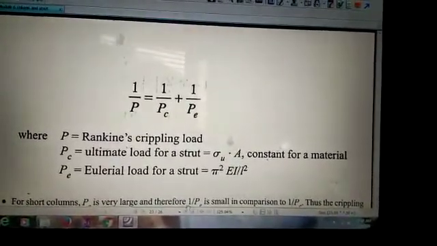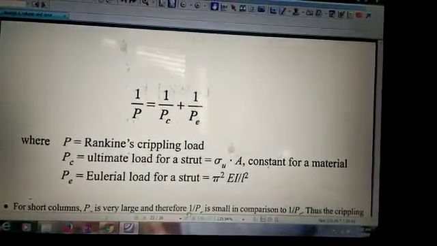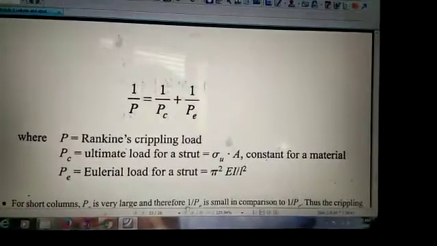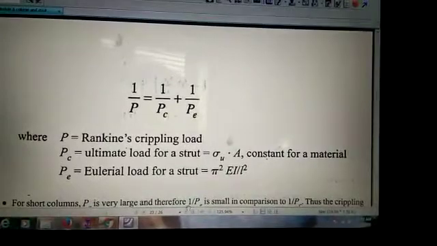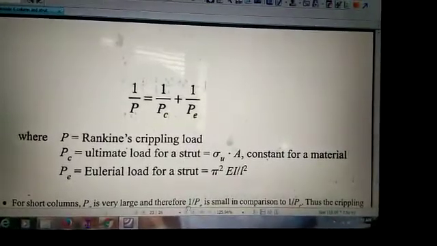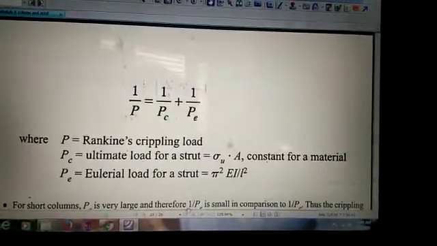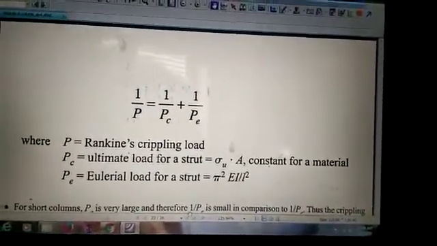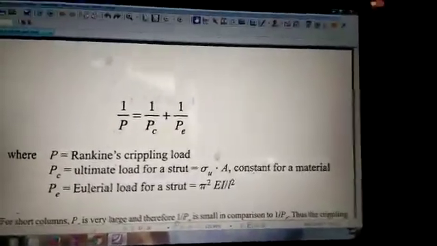Then PC is the ultimate load a strut can bear. It is denoted as PC. And PE is the Euler load for a strut, which means the value of load which we have derived by Euler's theory.